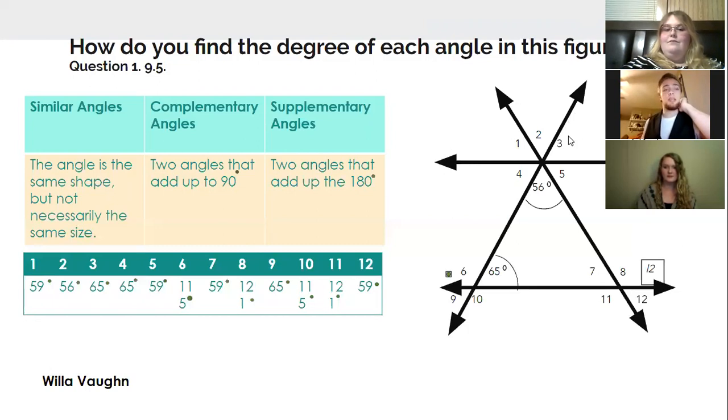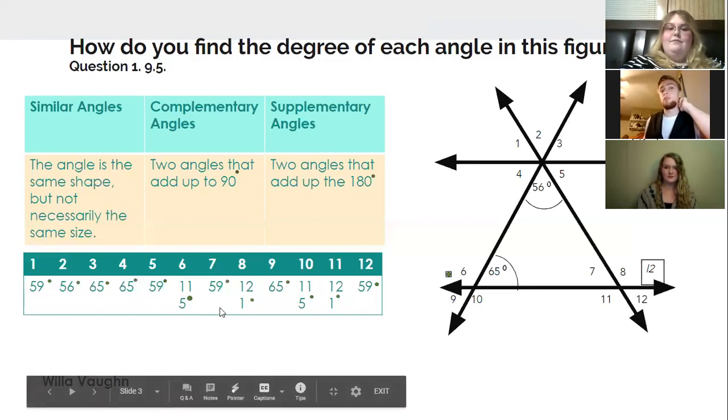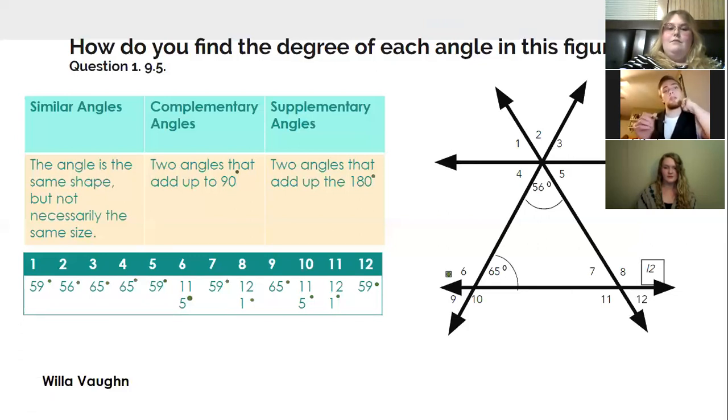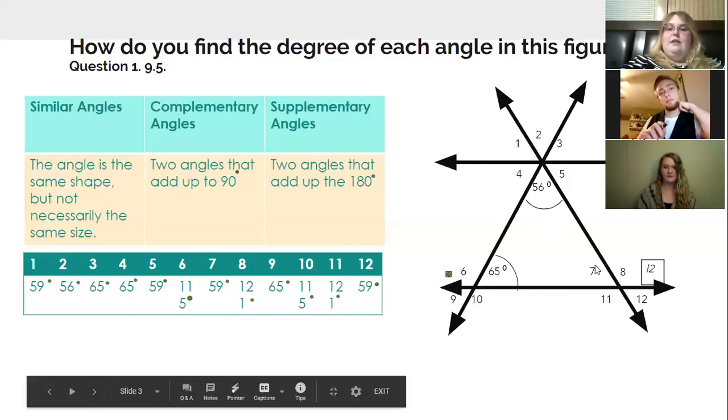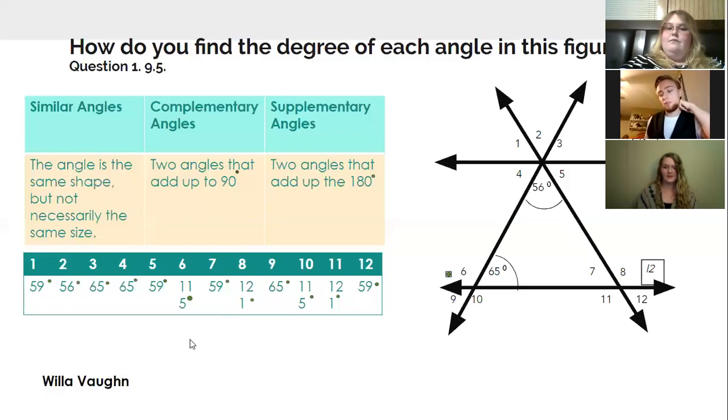So let's say, for example, we figure out angle 7, which is actually the first one you'll most likely figure out when going through this problem. Once you figure out 7, you can immediately mark down angle 1 as well, because it's the exact same angle as 7, and they're both being created by the same line. Yeah, so you can use some angles to figure out other angles.